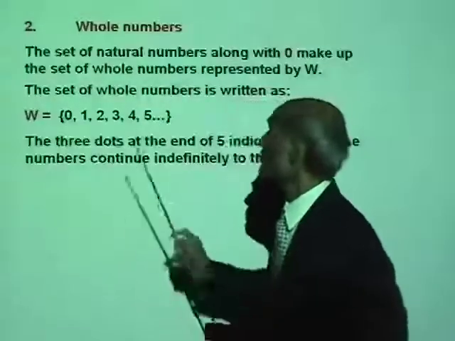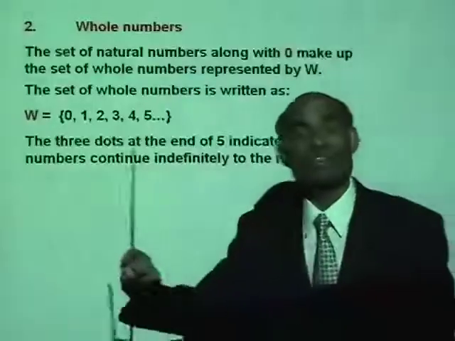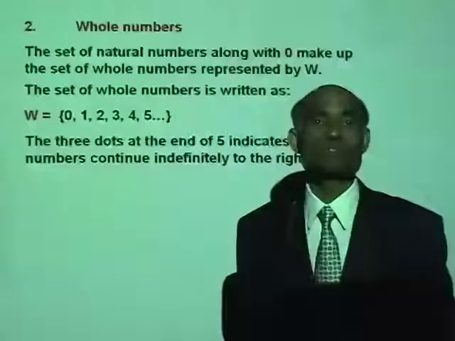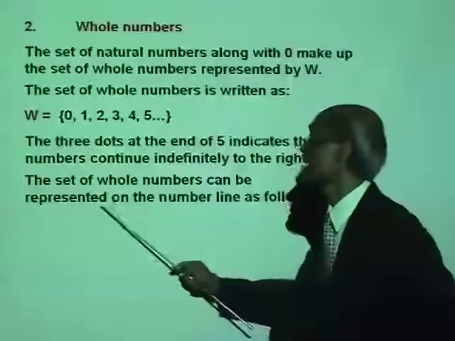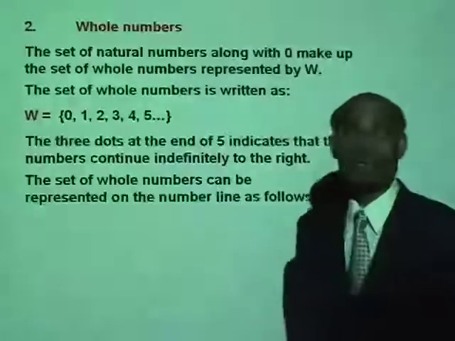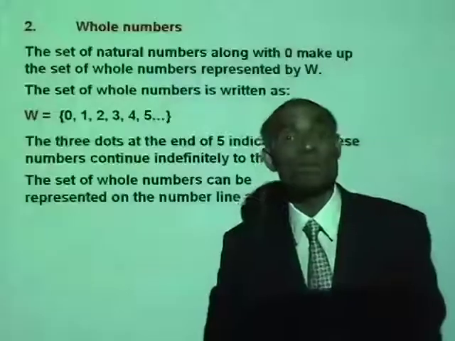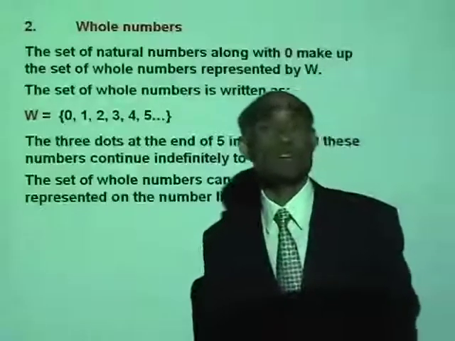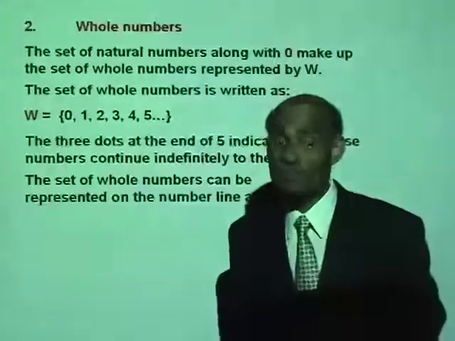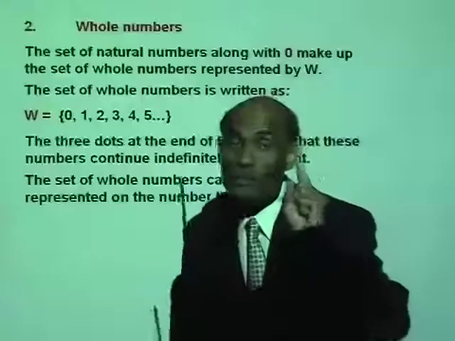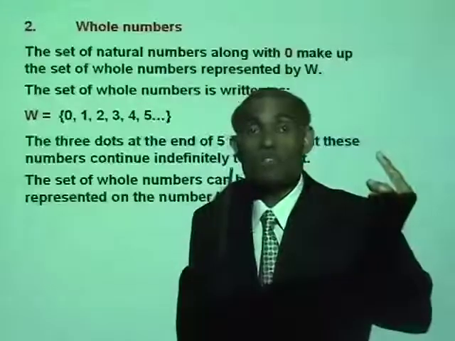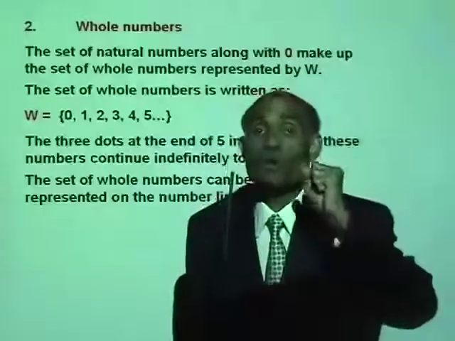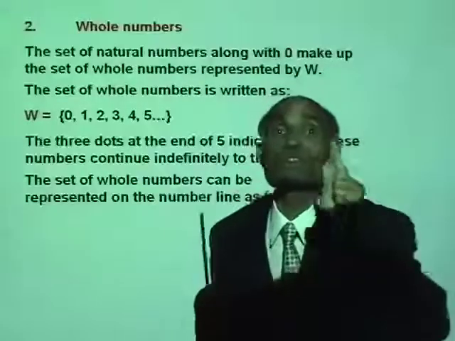Now, the 3 dots again indicate that we continue all the way to positive infinity. The set of whole numbers can be represented on the number line in a similar way we did with the set of natural numbers. The only difference between whole numbers and natural numbers is that whole numbers also include 0.